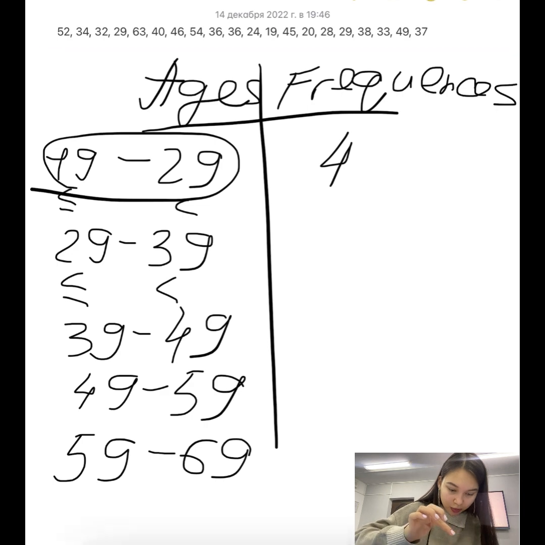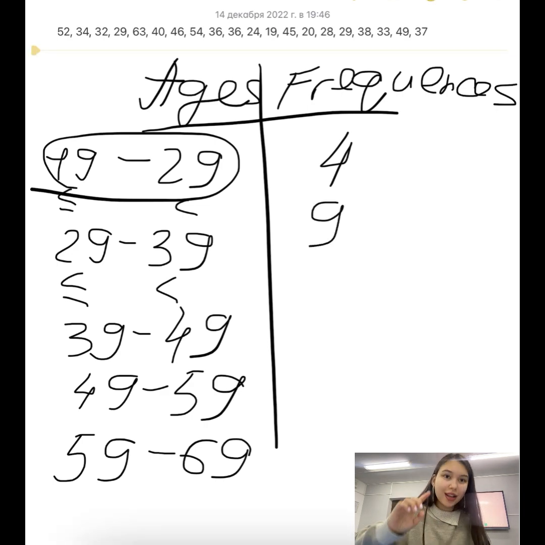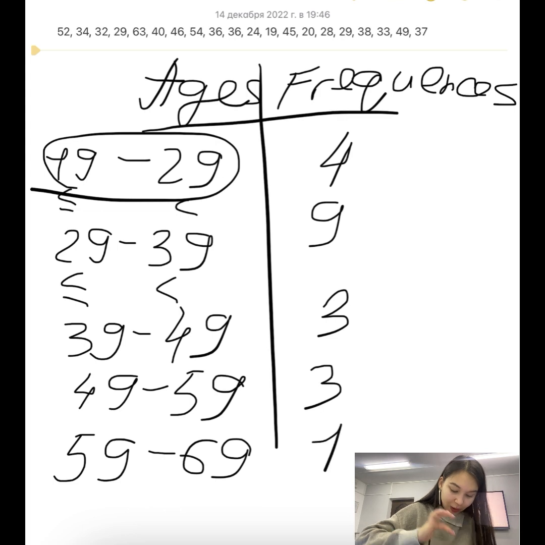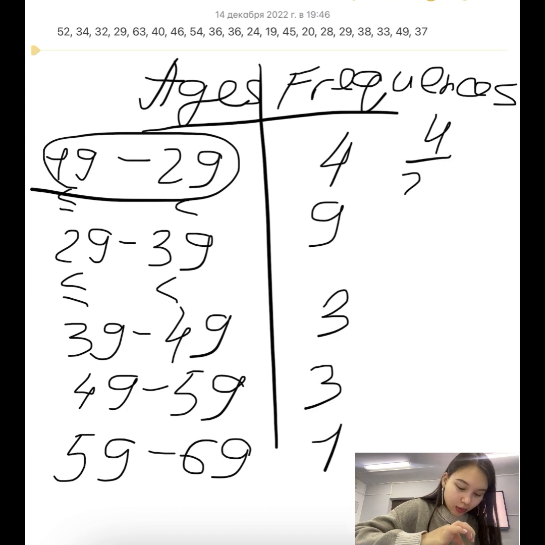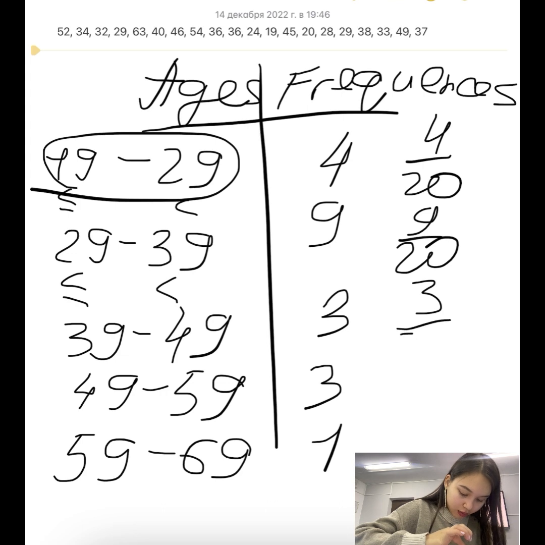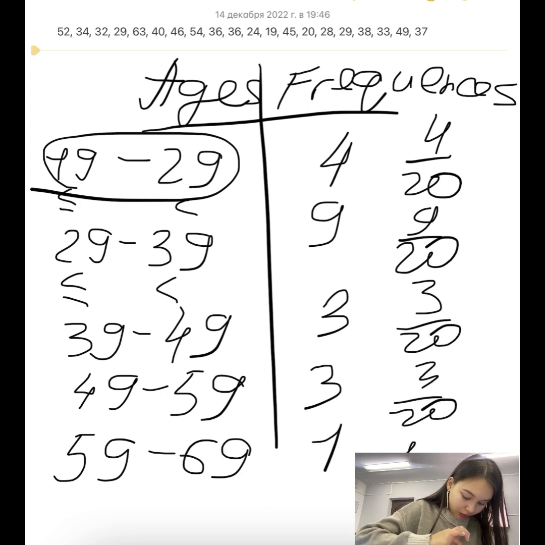It repeats 9 times. Then 3, 3, 1. If we write it as relative frequency, it is 4 out of 20, 9 out of 20, 3 out of 20, 3 out of 20, and 1 out of 20.